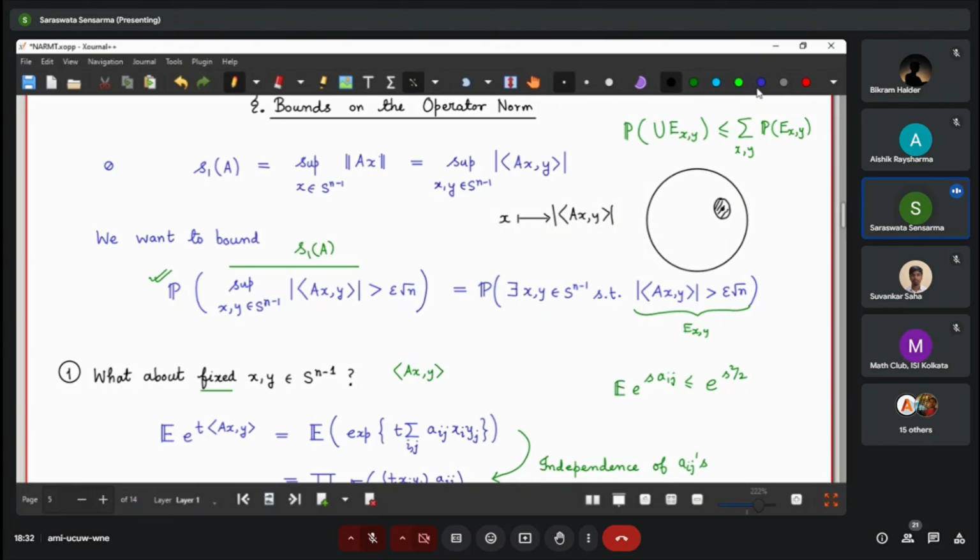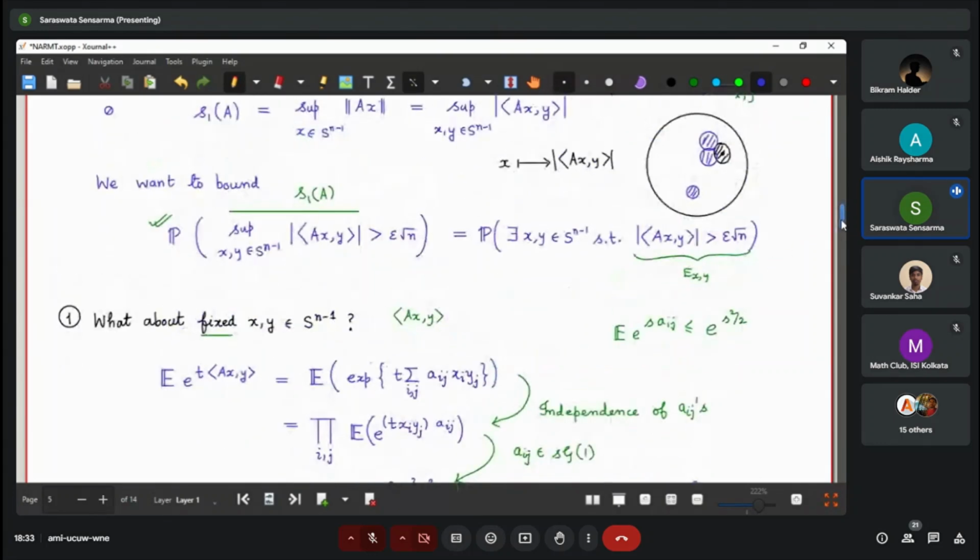So instead of looking at individual points, what I should be looking at is individual patches, and then take a union over these patches. Hopefully the number of patches will be finite, and we will get a finite union. If I have chosen the patches correctly, then two patches that are pretty far away would be sort of independent, and then the union bound makes sense. All right, so that is what we now try to do.